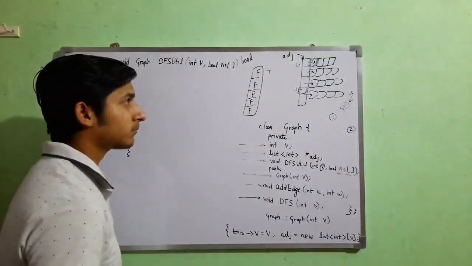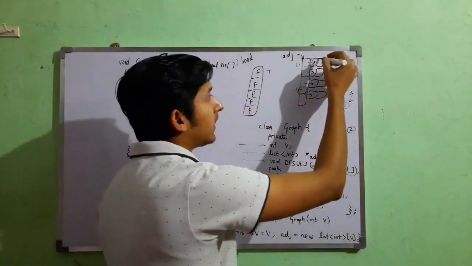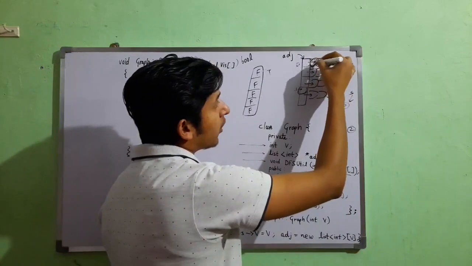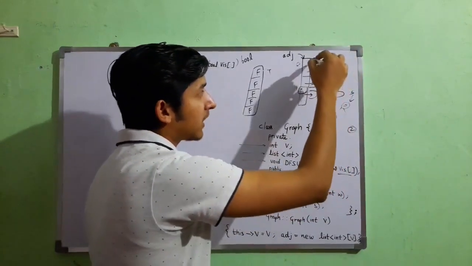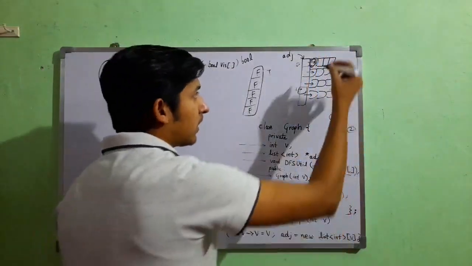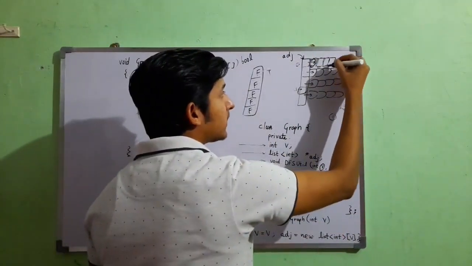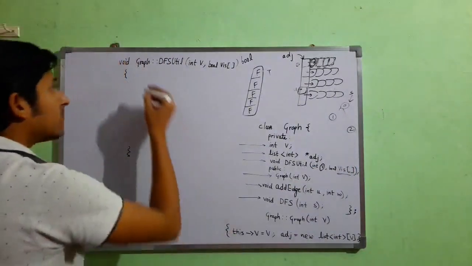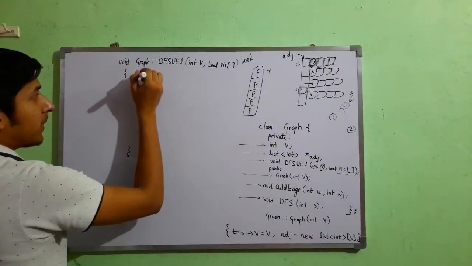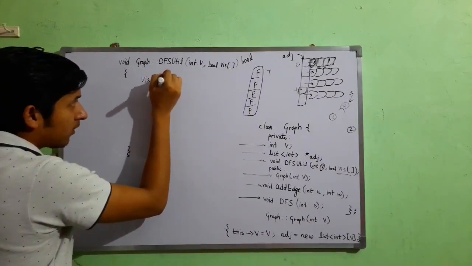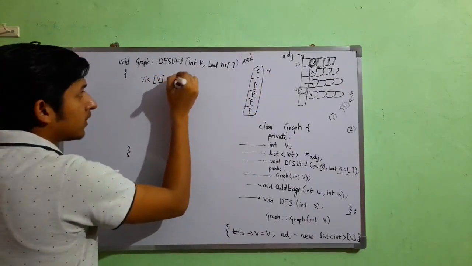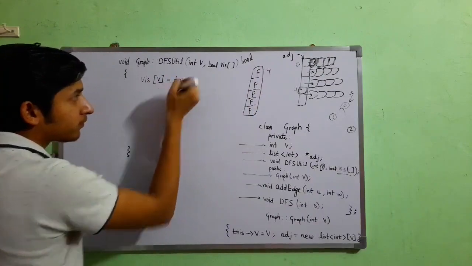And again after visiting all the nodes connected to this generation, I look for this, then this, then this. So basically what I did, whatever is passed to me, I mark this position of this array with true.